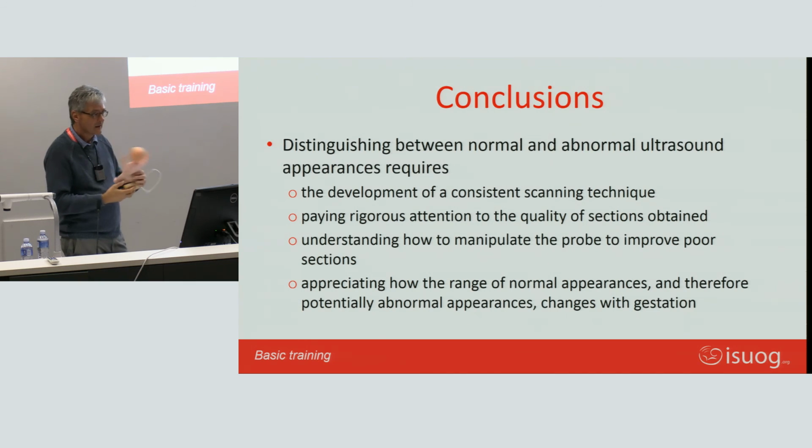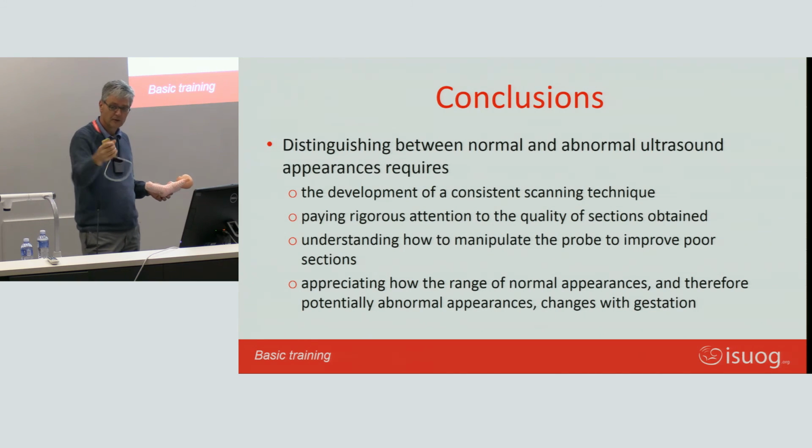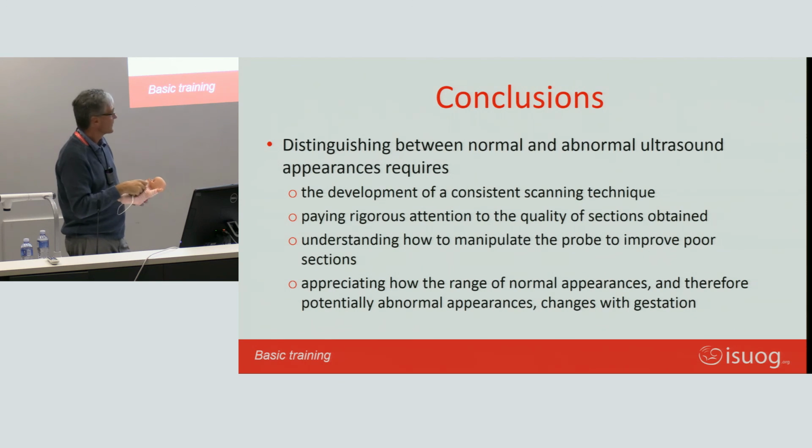And really figure out on the probe what's right, what's left, what's up and down. How do you get to that ideal section? And don't give the mom a Coke and a chocolate bar beforehand so that the baby swims around and you just sit there and hope and pray that sooner or later all the planes will pass by you.